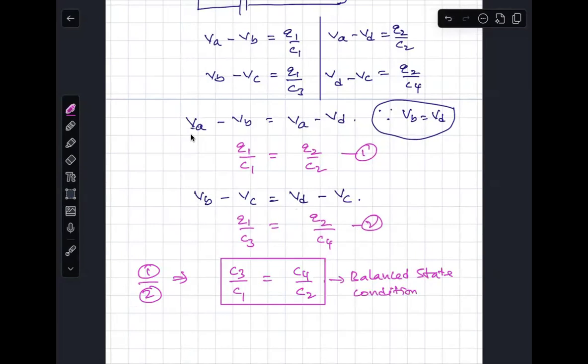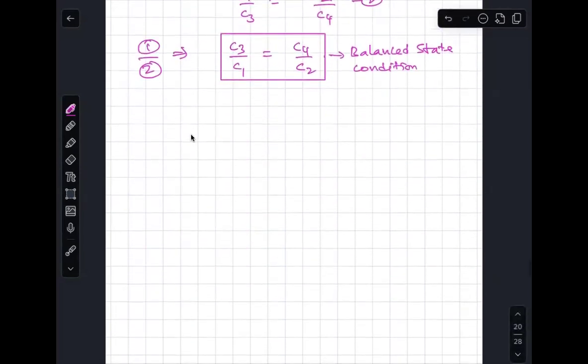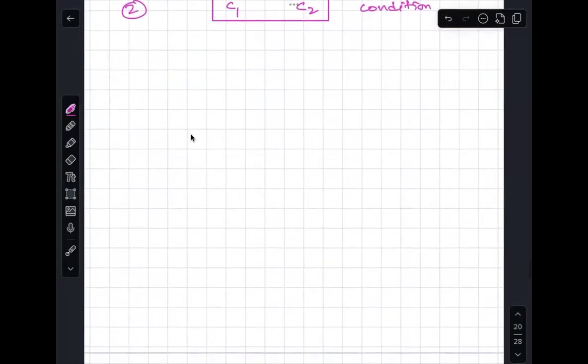Okay. Remember, this is all true under only one condition. What is that? VB is equal to VD. Only then it is correct. Till this point, any doubt? Very clear? Next, another circuit tool is also required, and that is called nodal method.